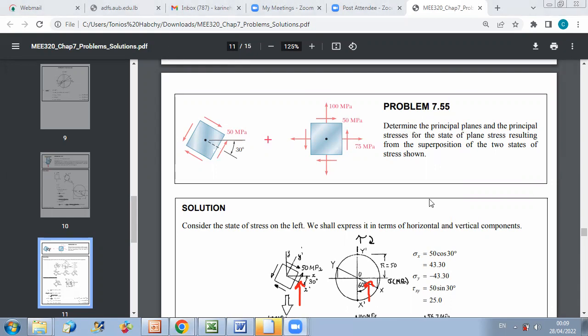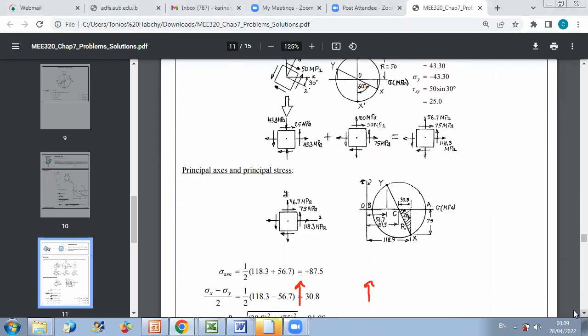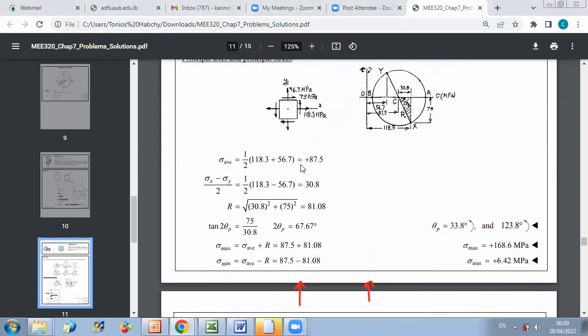All we have to do is to say that first I have sigma average can be calculated as half sigma x plus sigma y. The radius of the resulting Mohr circle of combined load is radical sigma x minus sigma y over 2 squared plus tau xy squared.